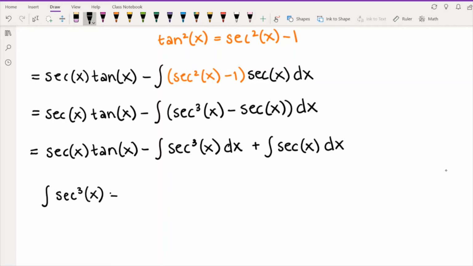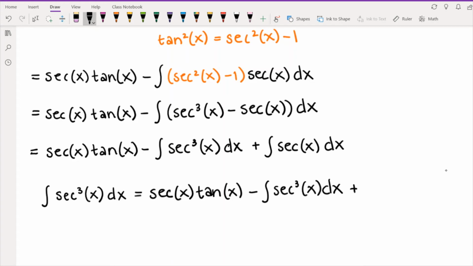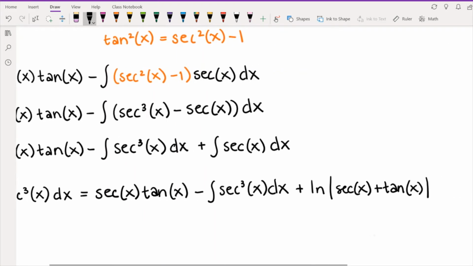And so now we found that the integral of secant cubed of x is equal to secant of x times tangent of x minus the integral of secant cubed of x dx plus, and as we mentioned, the antiderivative of secant is ln of secant of x plus tangent of x. And then we should have a plus c in here somewhere.